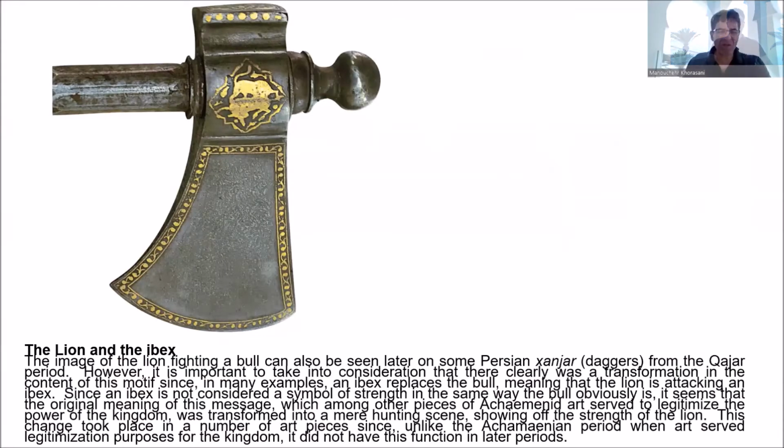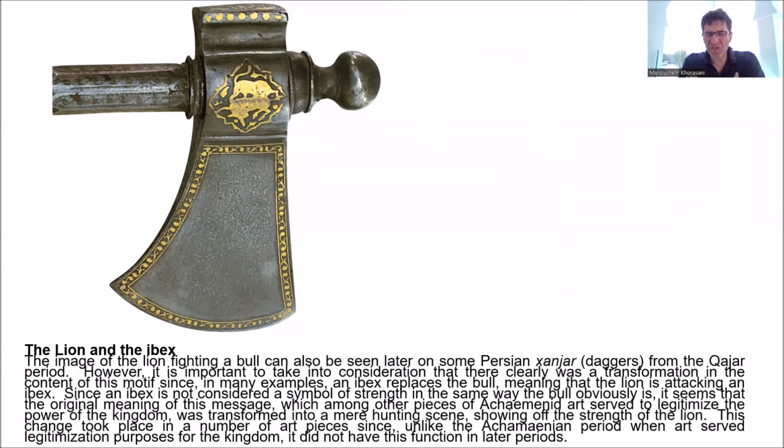So let me continue with the lion and the ibex, which is a transfer of the ancient Iranian image of the lion and the sun. The image of the lion fighting the bull can also be seen later on some Persian daggers from the Qajar period, and even earlier.